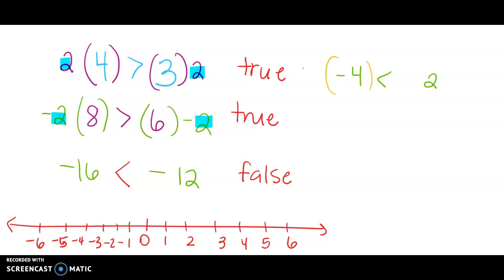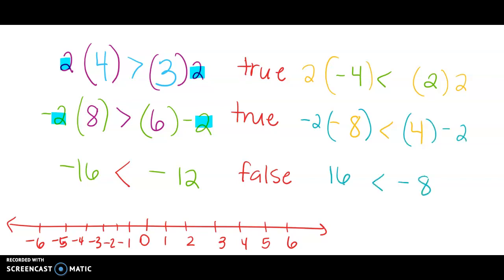When I multiply this by positive 2, then I get negative 8 is less than 4. Still true. It doesn't change until I multiply by a negative 2 to get positive 16 less than negative 8. Then it's false, so I have to change the symbol to make it a true statement.